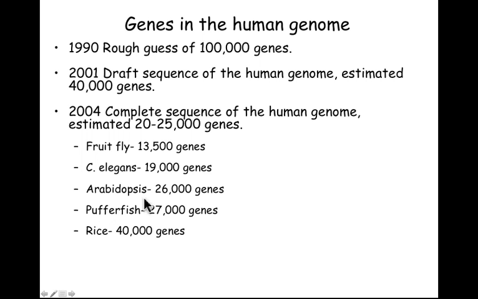We have fewer genes than, say, a pufferfish. And we certainly have fewer genes than something like rice. So what does all this mean? Maybe the number of genes isn't really a very good indicator of complexity, or maybe there's something more important than just numbers when it comes to genes. And we'll come back to that thought in a second.